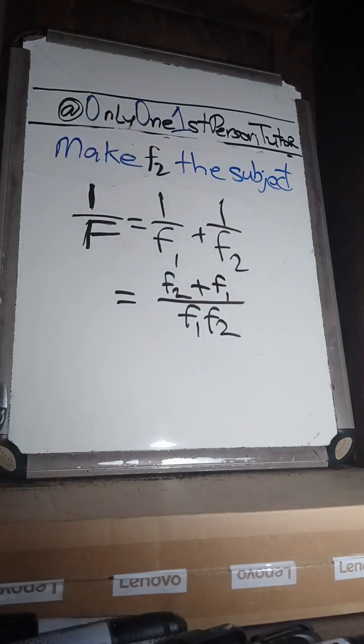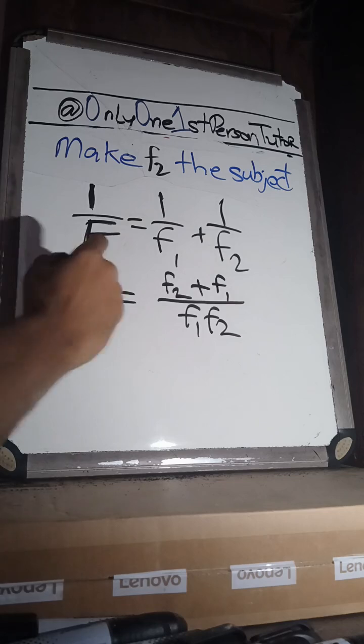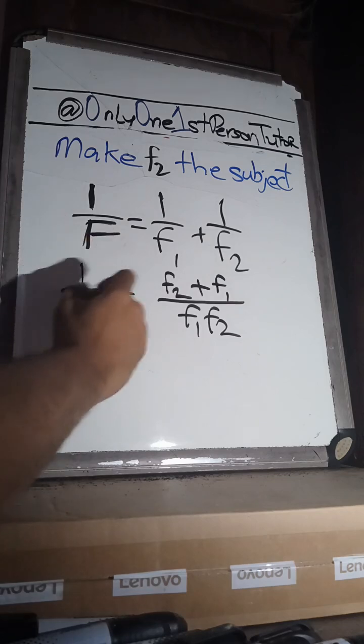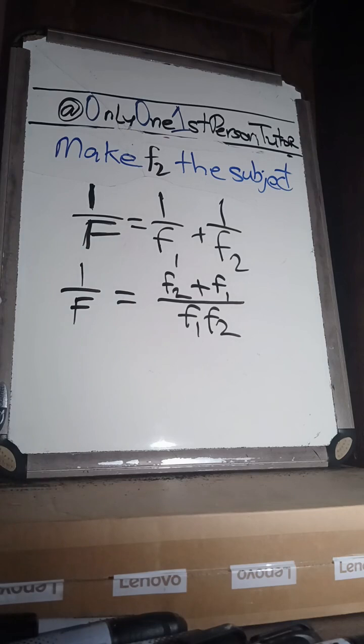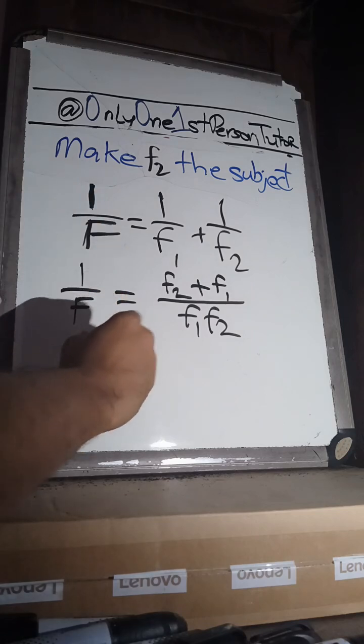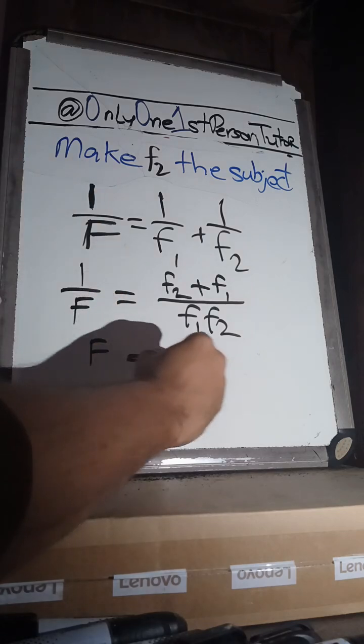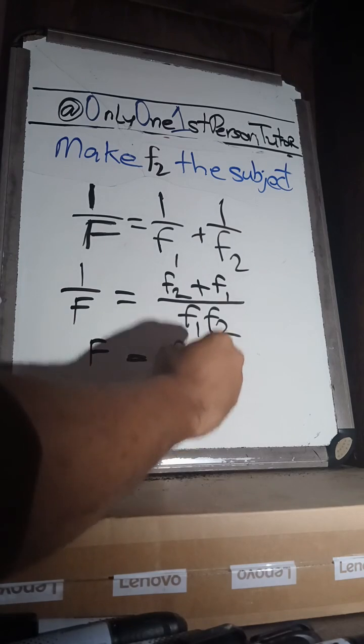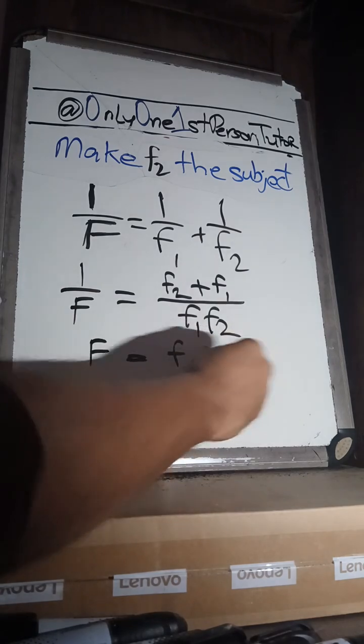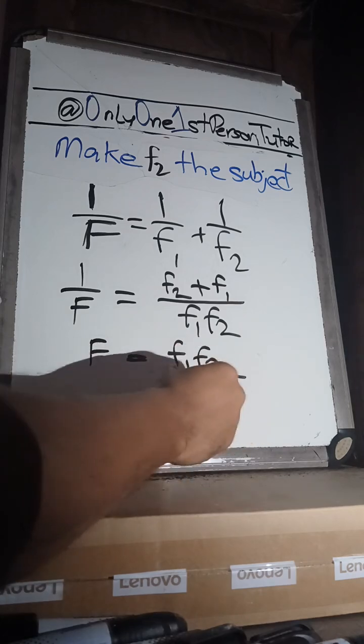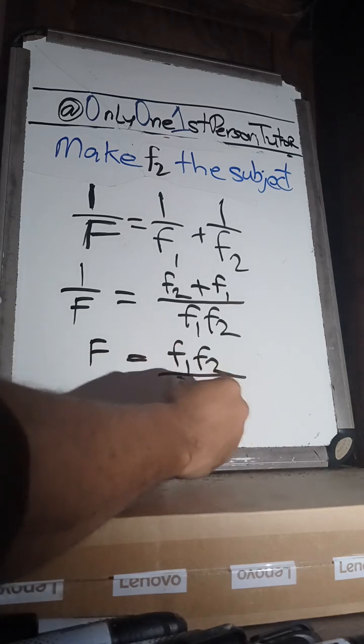Now watch this. Remember what I said before? Now that I know what 1 over f is, I can find what f would be. So I can just flip this upside down. F is equal to f1, f2 over this.